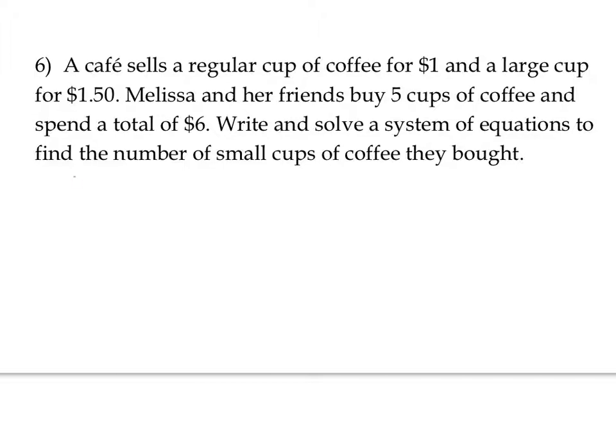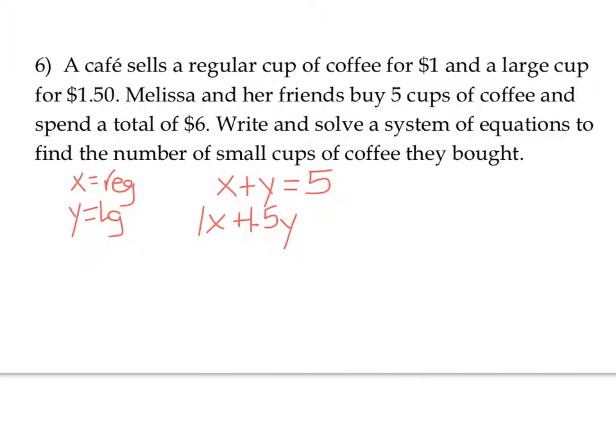So we're going to say x equals regular and y equals large cups of coffee. So if we add the number of cups of coffee they bought together, they bought a total of 5 cups of coffee. If we talk about the amount of money they're spending, so $1 for every regular cup plus $1.50 for every large cup, it's going to equal $6.